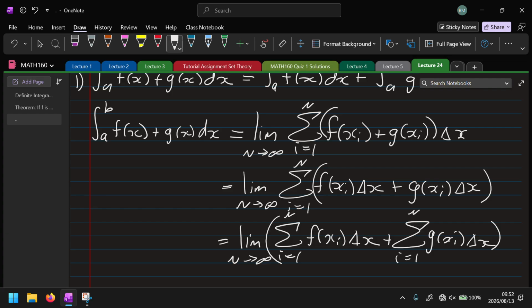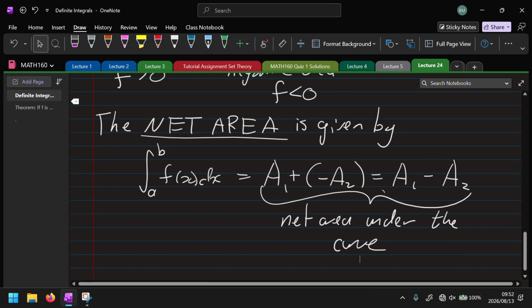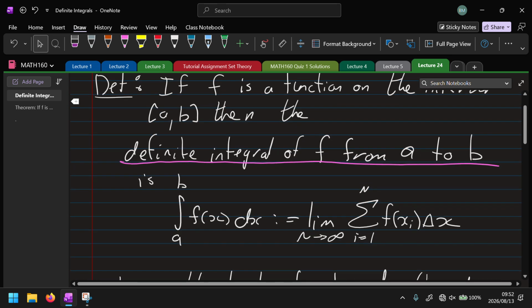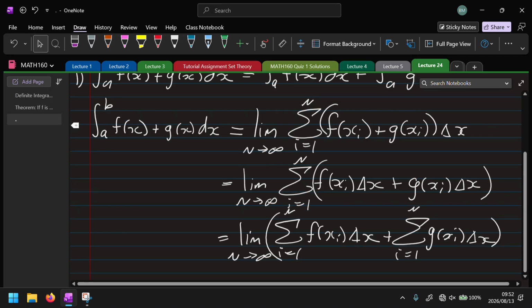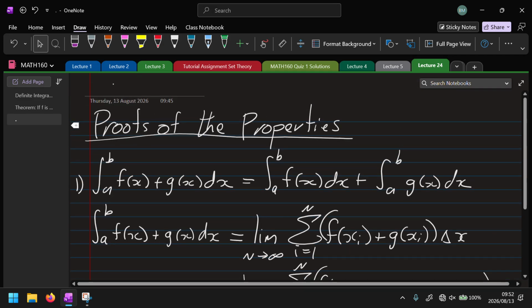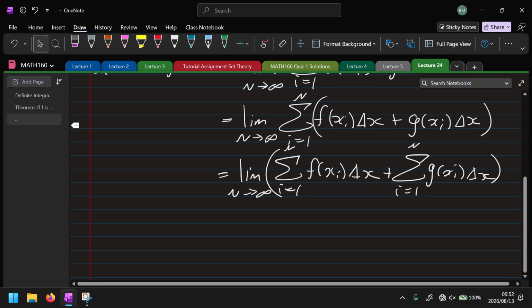Almost there. Now this summation over here looks very similar to the definition over here, but we need the limit in front. And this over here looks very much like this over here, but we need the limit in front.